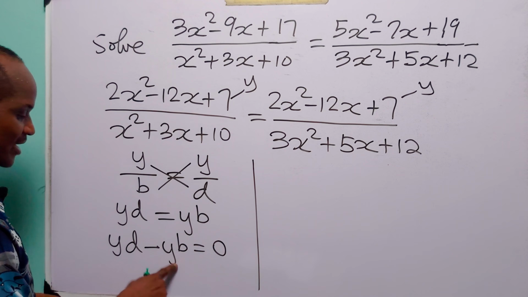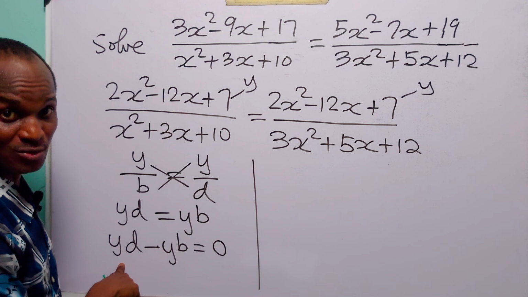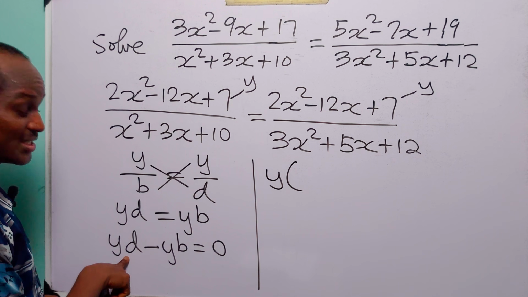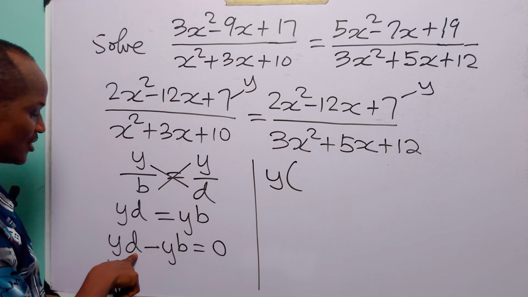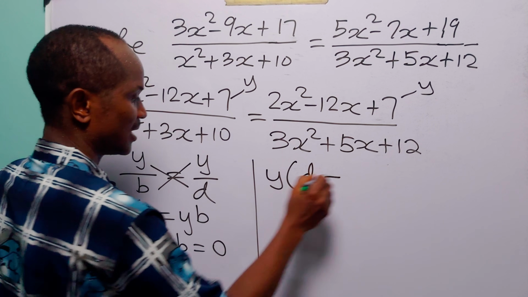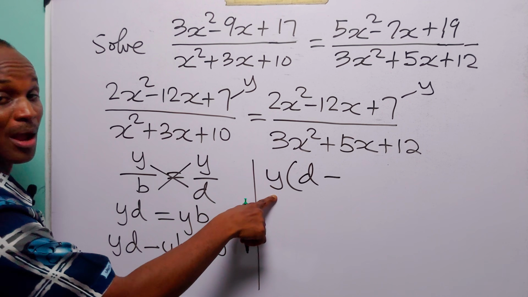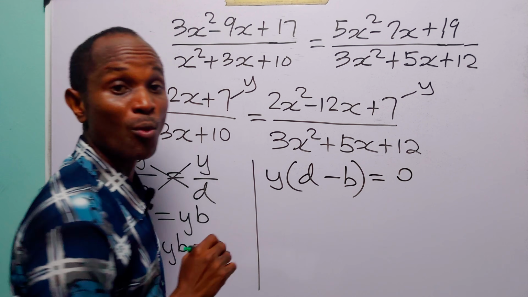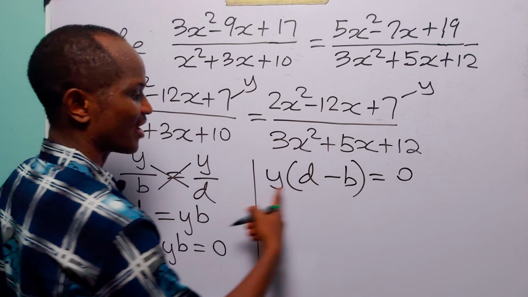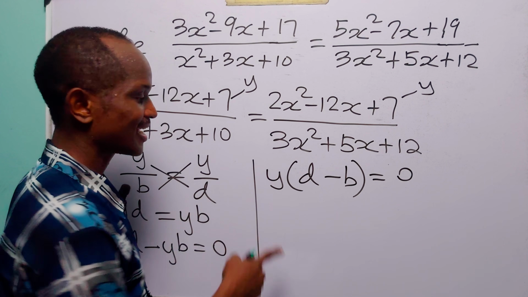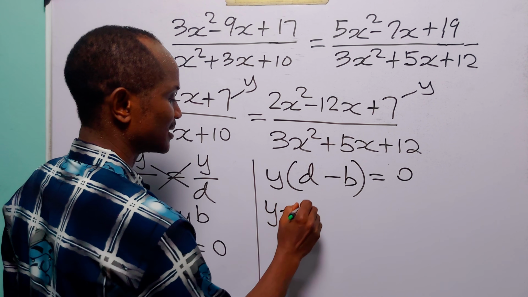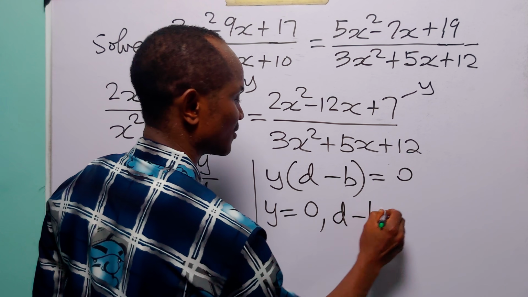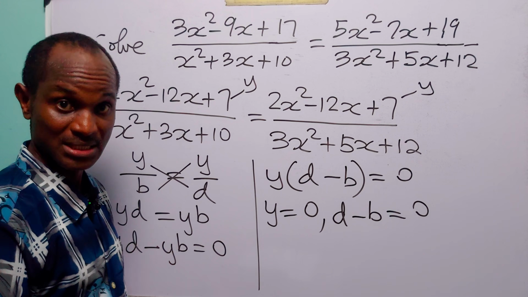Now, you know that we can factorize this. We have a common factor, which is y. So from here, we have y into, of course, when you divide this by y, you have d. And when you divide this by y, you have b. And this is equal to 0. Now, it is very easy to see from here that either y is equal to 0 or d minus b is equal to 0.